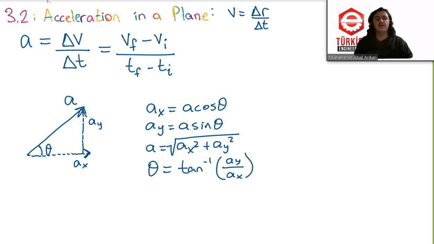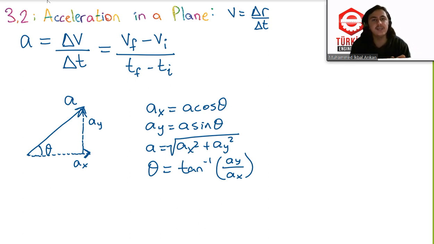So these are simple relations for any vector. Acceleration is a vector, so I can use these. Velocity is a vector, so I can use these operations. Displacement is a vector, so I can use all of these. So when you put here, instead of a, v, you will get the relations for the velocity vector.